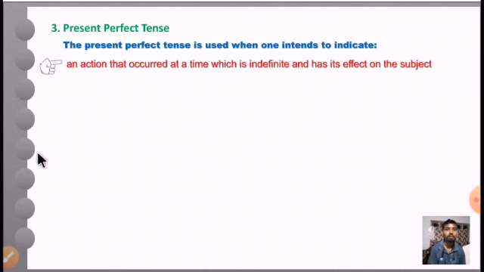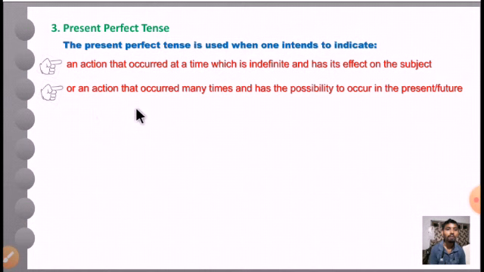For example, an action that occurs at an indefinite time and has its effect on the subject. That means you have done the work and finished it at present. I have eaten rice.